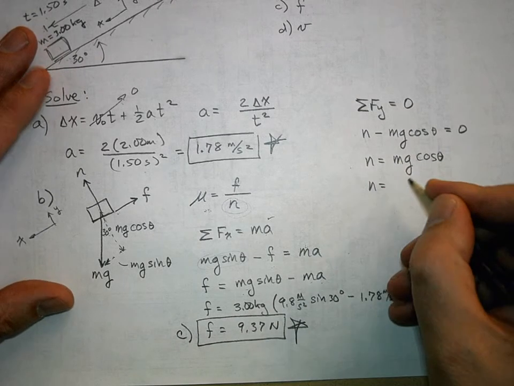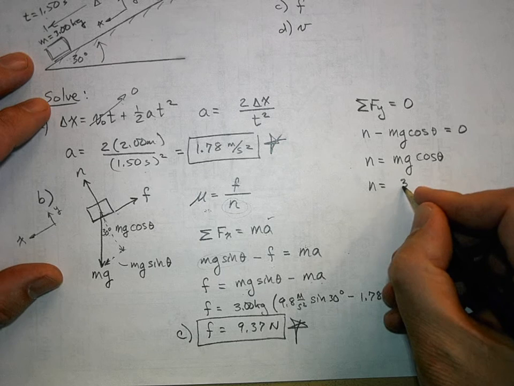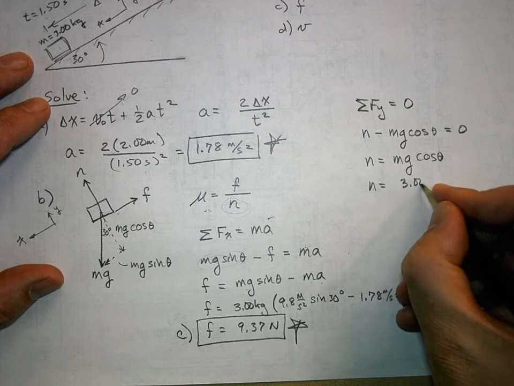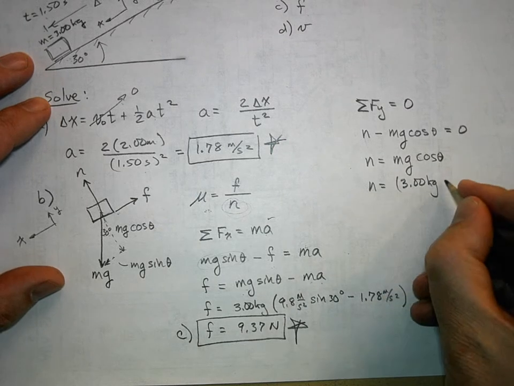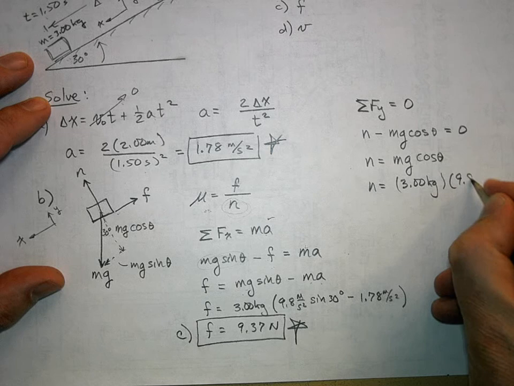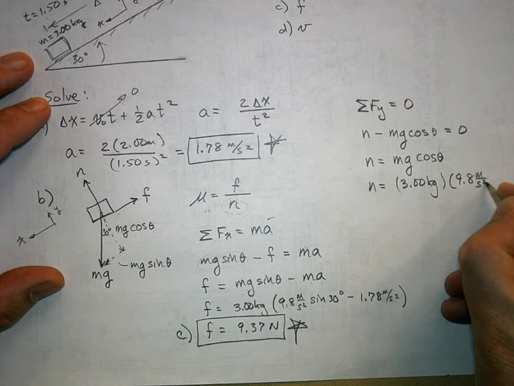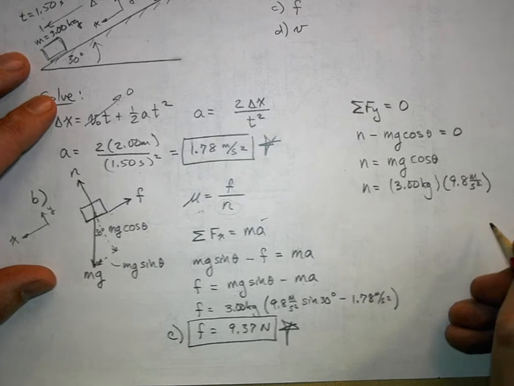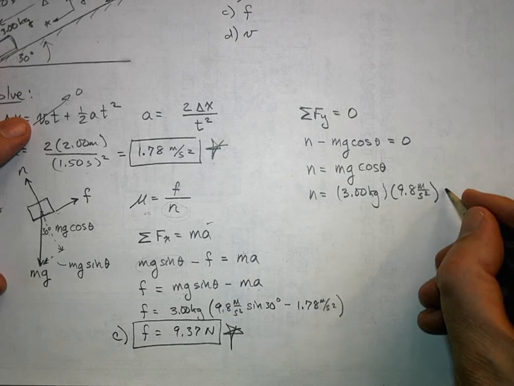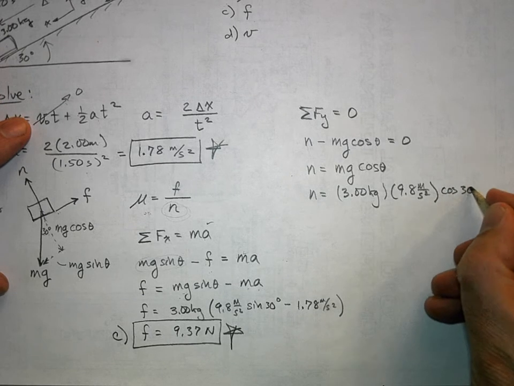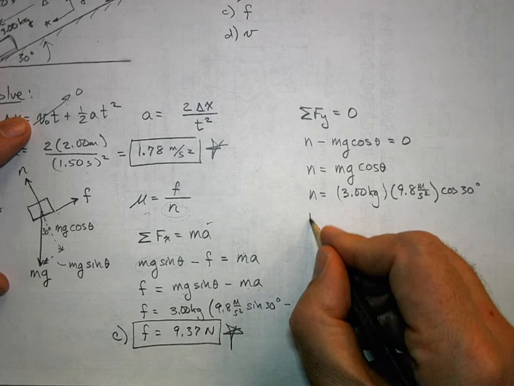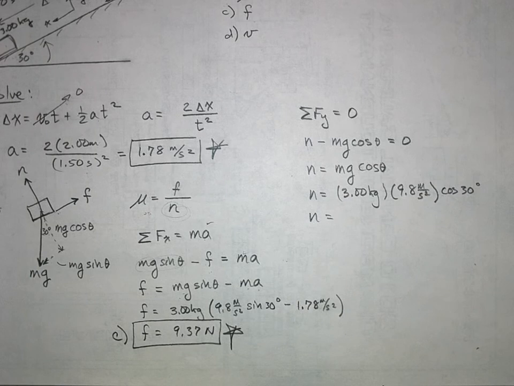Now we can plug in the numbers. N equals 3 kilograms times 9.8 meters per second squared times the cosine of 30 degrees. And what do we get when we do all that?